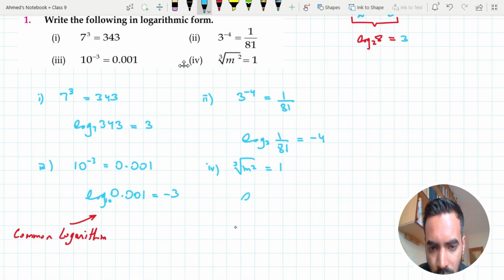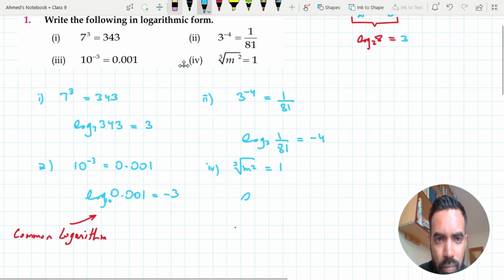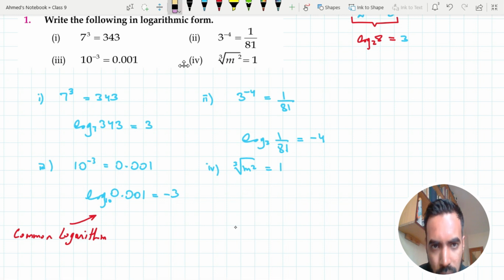In part 4, first I have to get rid of this root, so let me simplify it. It is cube root m square, equal to 1. So cube root is basically equal to power 1 over 3.